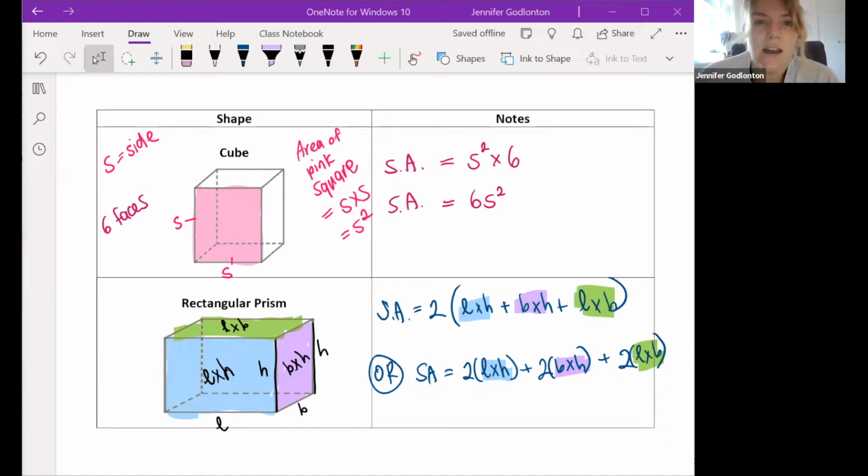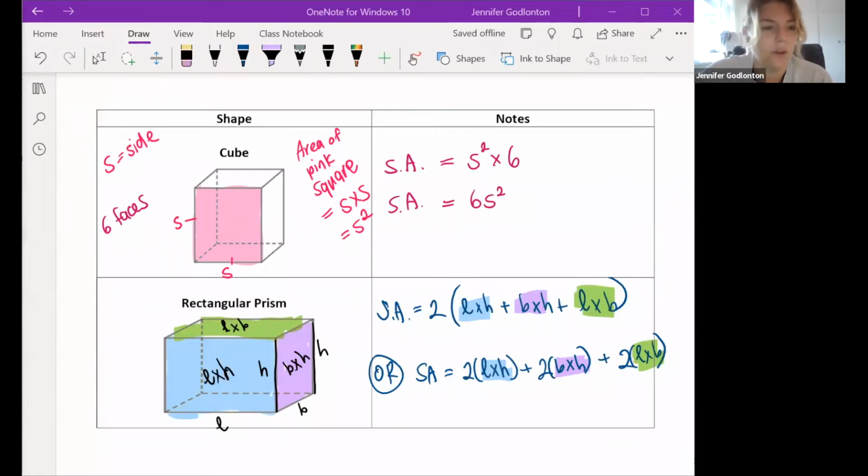If it's a higher order question where we have some pieces that are missing, then this way might be easier because we're not going to times all of them by 2. But if it's a normal standard rectangular prism where you're working out the surface area, then this one's probably the easier one to use. Thank you. Okay. No other questions?